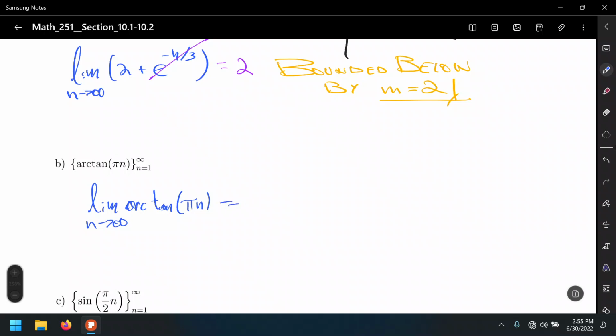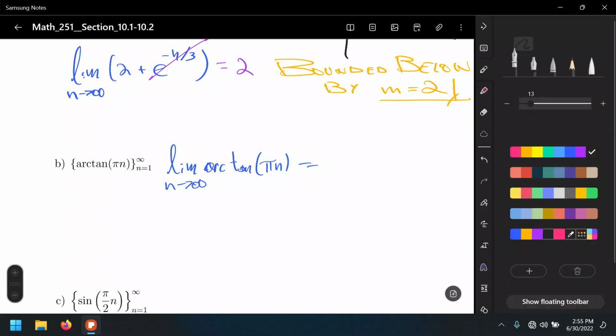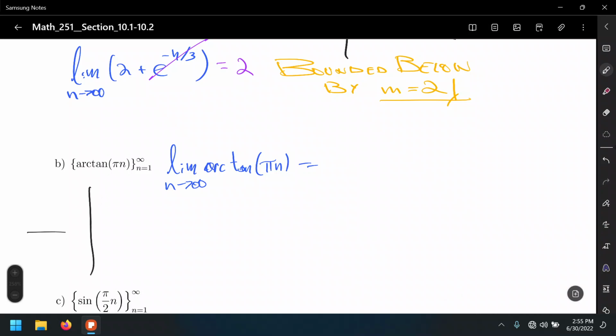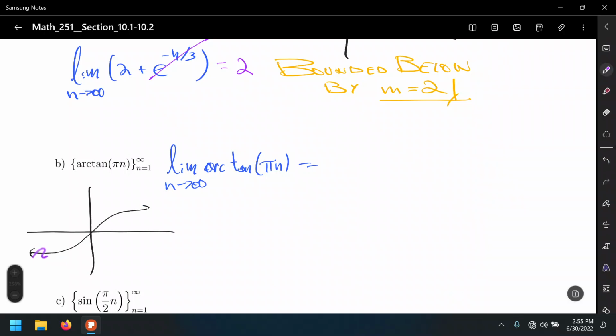So let's draw the graph. Recall, it looks like this, with horizontal asymptotes like this.